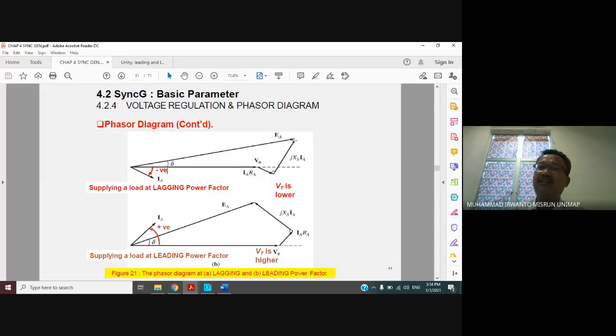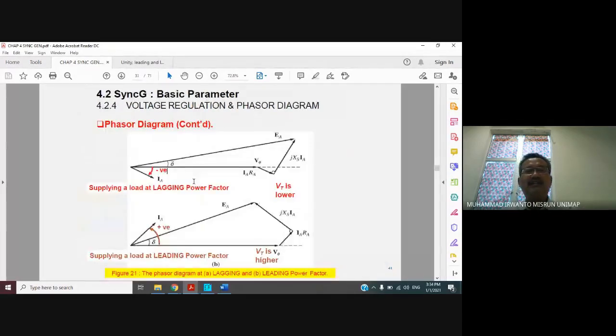After that, you can draw the internal generated voltage, EA, from the origin to the end of the vector jXs IA. From here to here is the vector of EA. Understand?